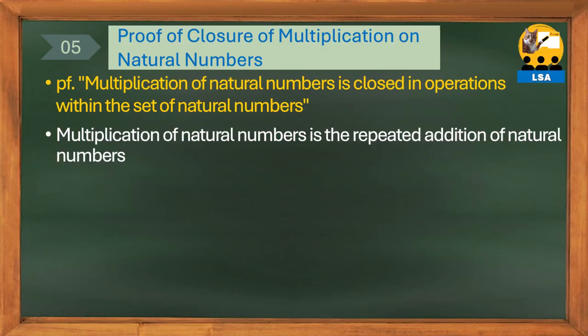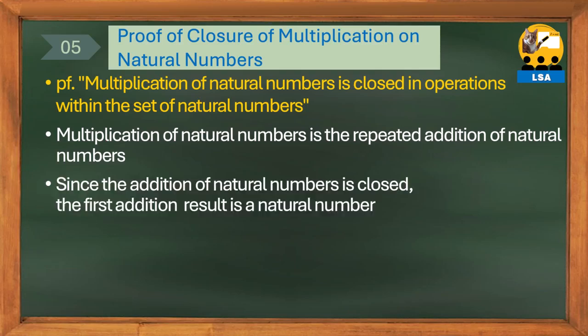Multiplication of natural numbers is the repeated addition of natural numbers according to the definition of multiplication, so it is adding multiple times. Since the addition of natural numbers is closed under the set of natural numbers, the result of the very first addition is closed, so it is a natural number.